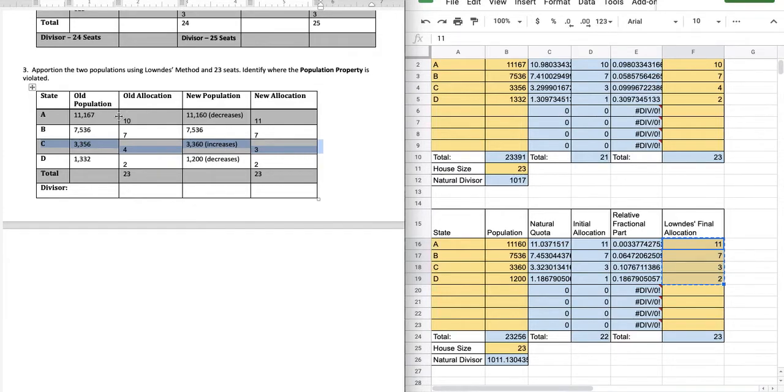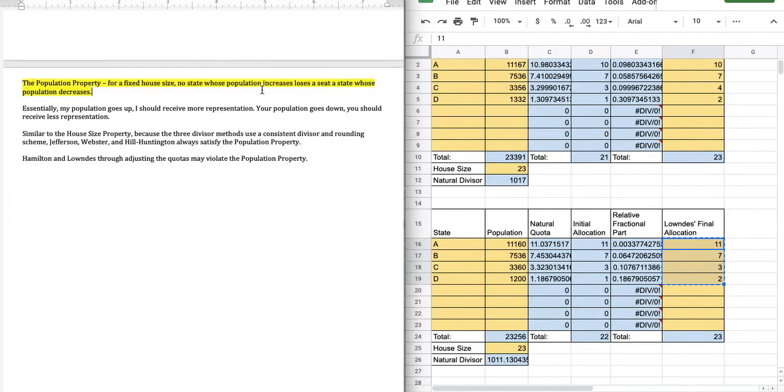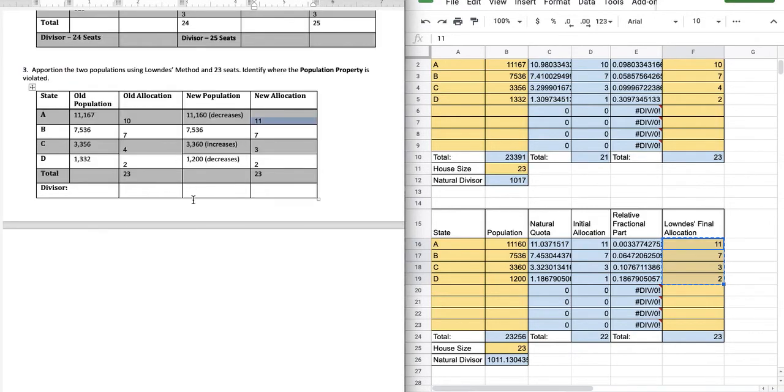State A, their population decreased, they gained a seat. That's the violation of the population property. So going back, no state whose population increases loses a seat to a state whose population decreases. There was the flip. State C's seat went up to State A. That's the violation of the population property.